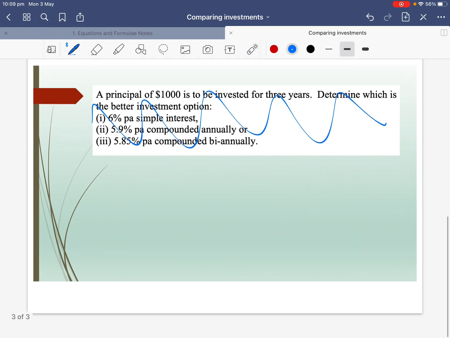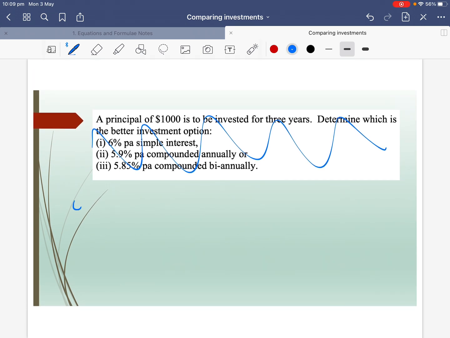Okay, so the third option is 5.85% per annum compounded biannually. So that means twice a year. And so our rate is going to be halved.